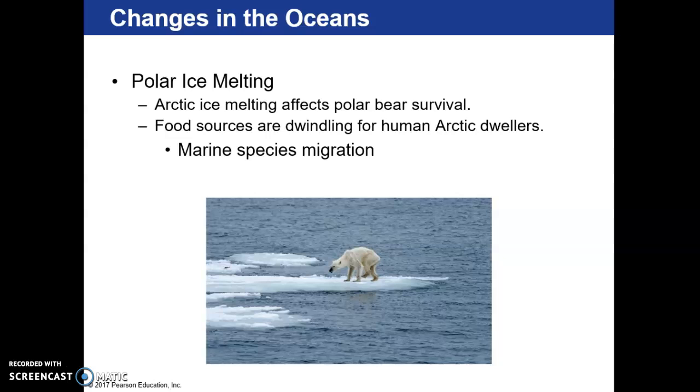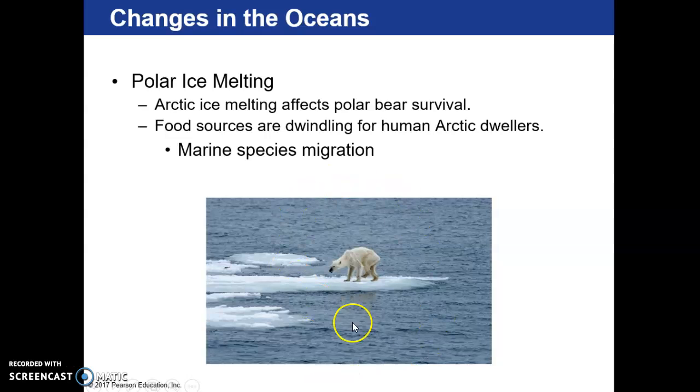Now, the impact that this is having starts at the top of your food webs. So polar bears have to be able to stand on the ice in order to have a surface to fish from. Well, if they can't stand on the ice because there isn't any, we have polar bear drownings happening.